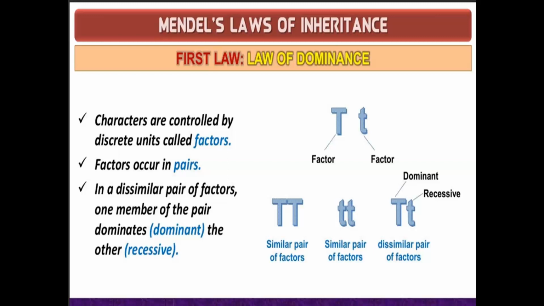Recessive and dominant are visible only when they are dissimilar. If there is capital T, small t, then the plant will be tall because tall is dominant. If capital T, capital T, obviously the plant will be tall. There will be no fight between the factors. If small t, no fight. They will cooperate. But capital T will dominate the small t.